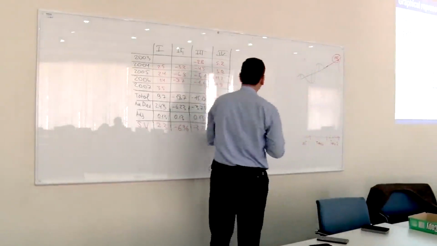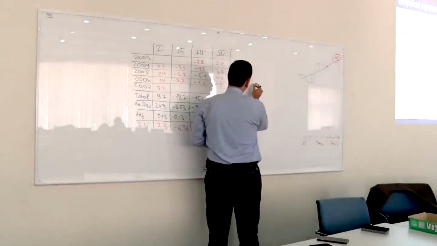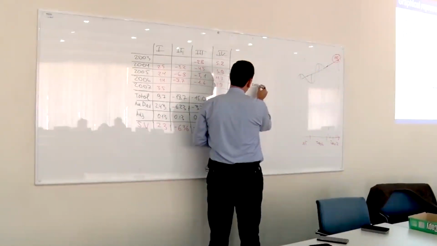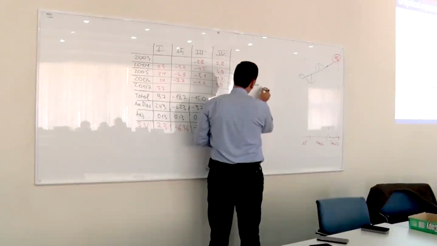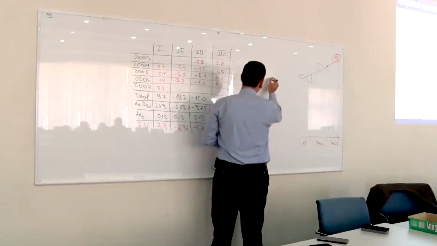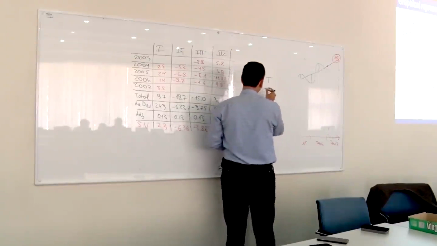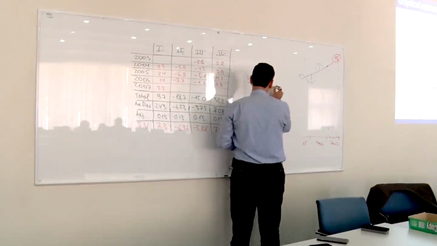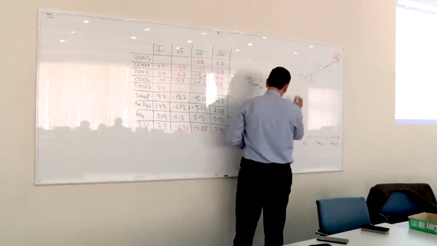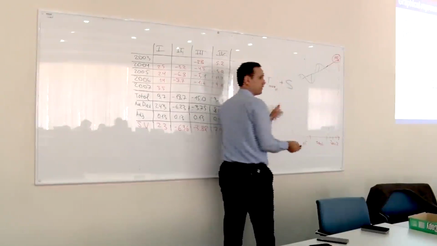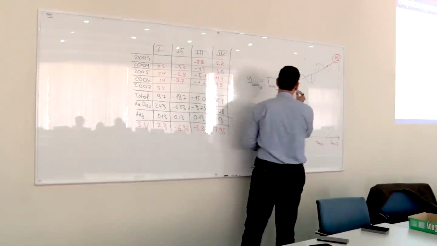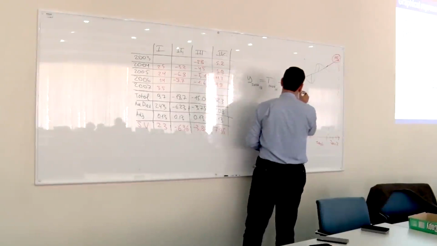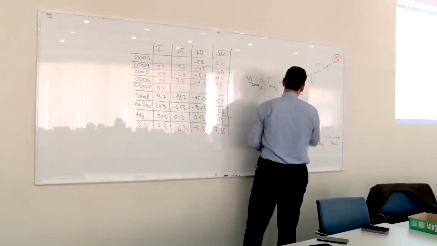So the actual data, Y 2007 fourth quarter is equal to the trend of that year, 2007 fourth quarter, plus the seasonal variation of this year, 2007, the fourth quarter.